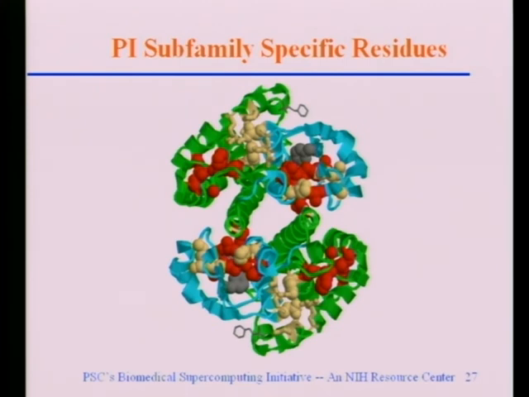In the pi subfamily, it's a histidine that contacts this helix across the subunit interface, so you've made some modifications across here and across here in the subunit interface, along with these modifications to the domain interface for those three subfamilies.